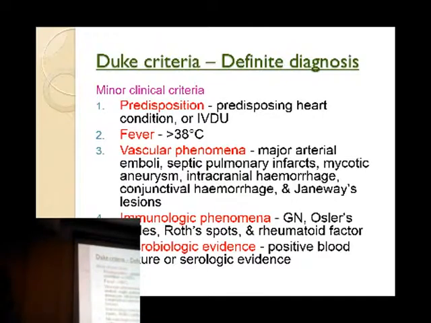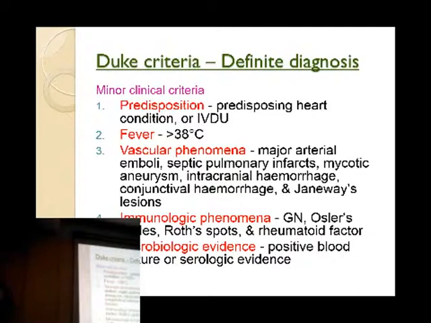Predisposing heart condition or intravenous drug usage, febrile illness exceeding 38 degrees centigrade, evidence of vascular phenomenon such as major arterial emboli, pulmonary infarction, mycotic aneurysms, etc., or immunological phenomenon, evidence of glomerulonephritis, Osler's nodes, Roth spots, and here you get false rheumatoid factor positivity.